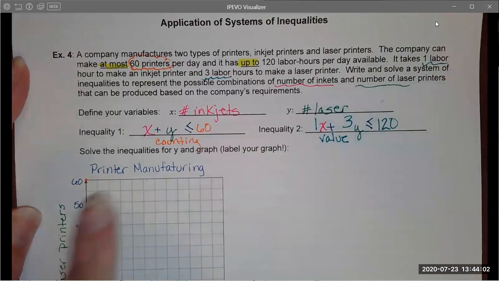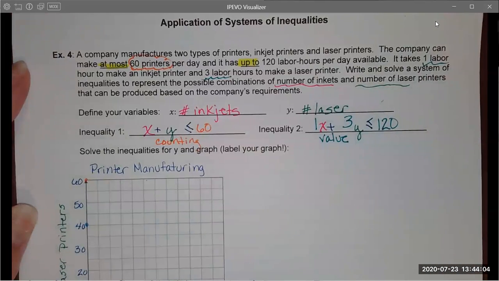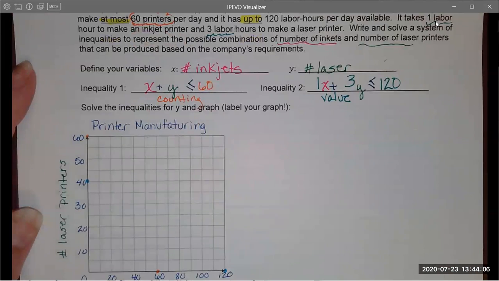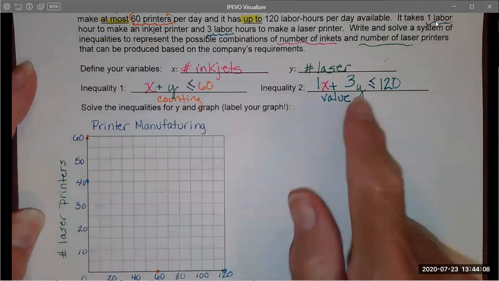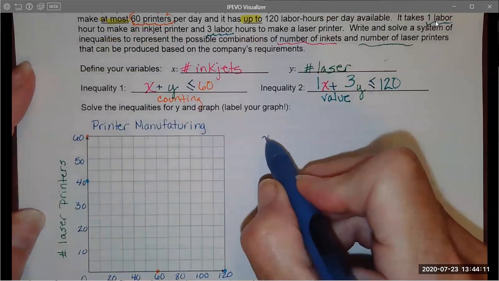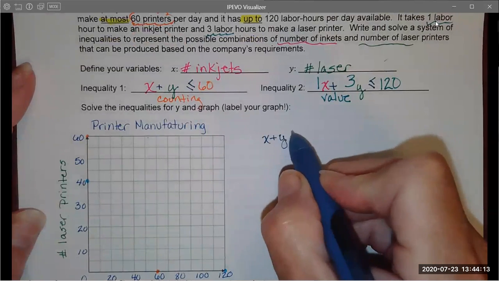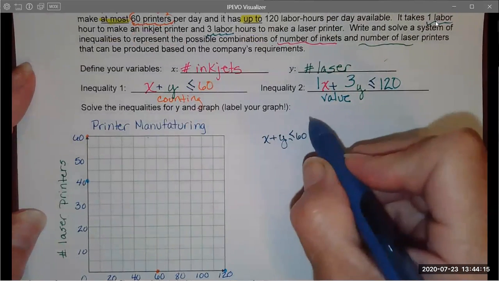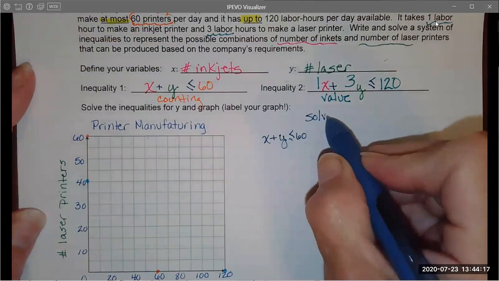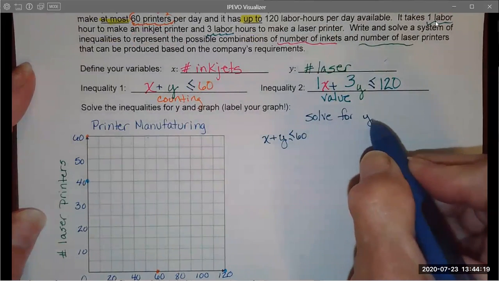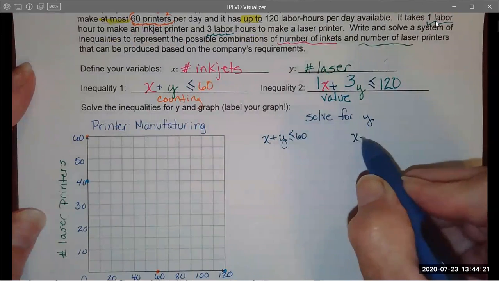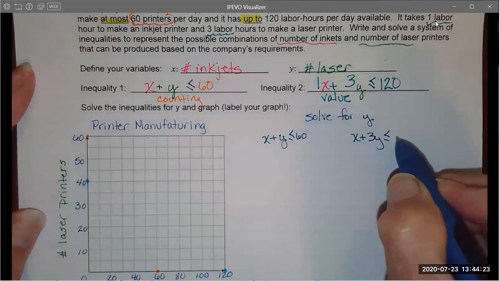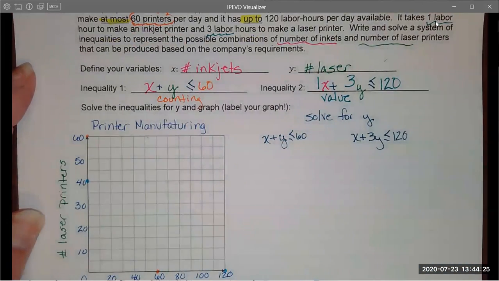Sorry. The next thing I need to do to find the solution set is to graph these 2 inequalities. So I will need to write them down here. I need to solve for y. And I had x plus 3y is less than or equal to 120.